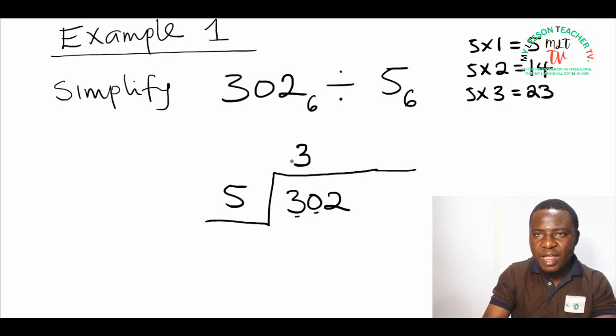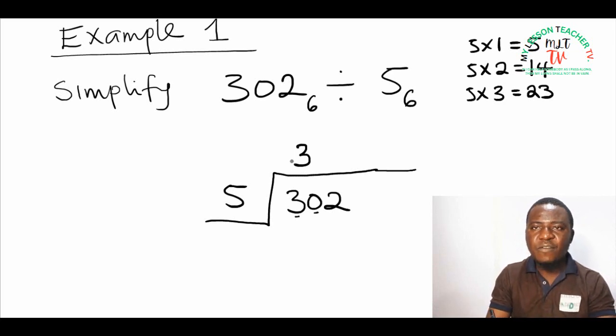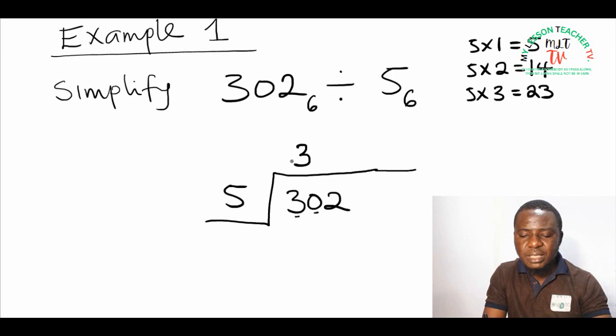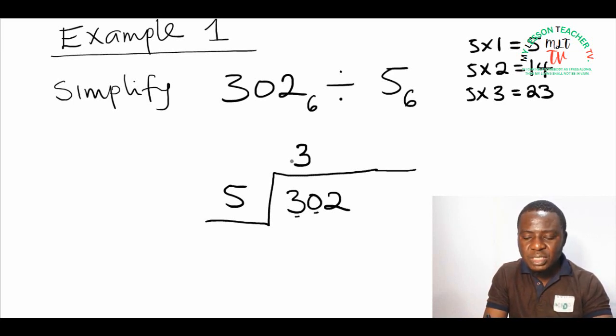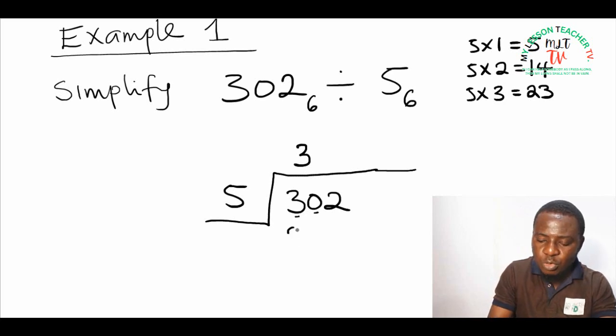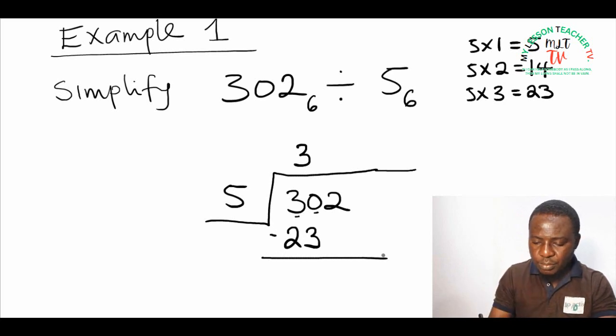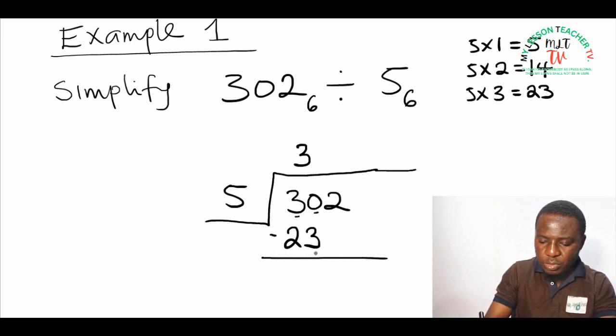So this becomes 3. While 3 times 5 is 15, 15 is not a digit in base 6. So I divide 15 by 6, and 15 divided by 6 is 2 remainder 3. That is 23 in base 6. Do the subtraction. 0 minus 3, it cannot. You borrow 1 from 3.